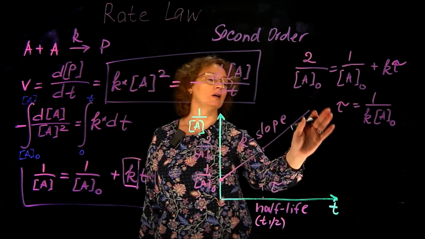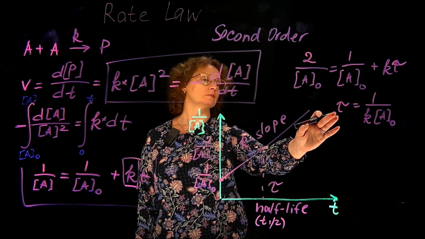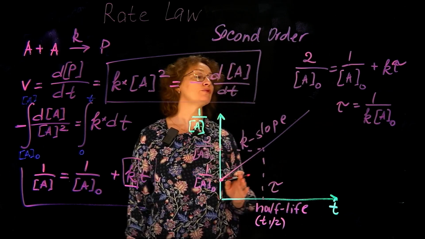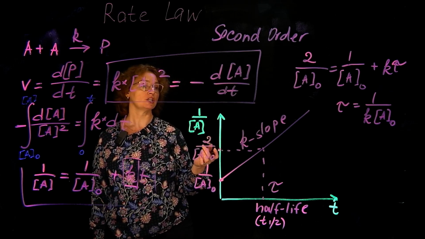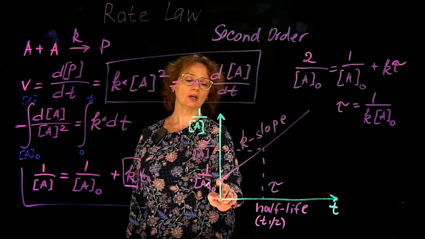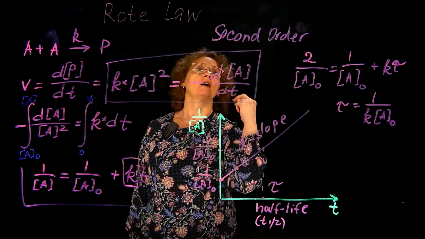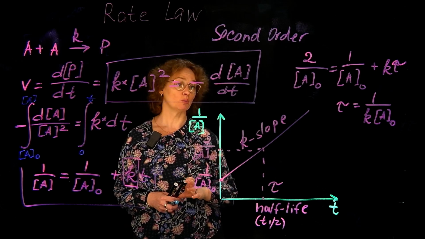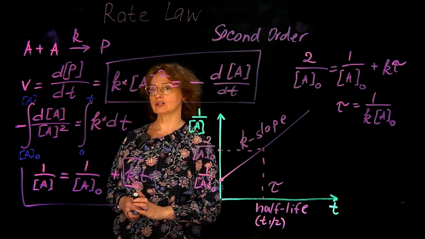So now, unlike in the first order reaction, when tau doesn't depend on the reactant, here we have inverse proportionality between tau and the reactant concentration, meaning that if we increase the original reactant concentration, half of the reactant will be consumed in less time, which correlates with the rate being proportional to the concentration of the reactant.